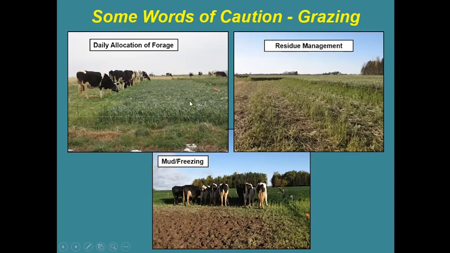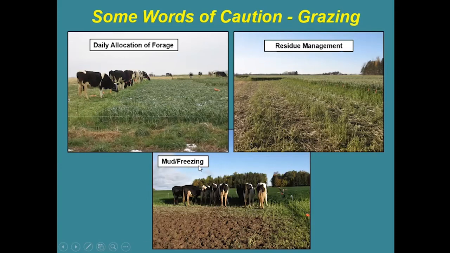The top portion of this plant is probably going to be higher in quality than the bottom. So how much of this do you want to leave available before you move the wire again? If you're short on forage, you may want to make them clean this up more. If you are not, and you want to produce greater weight gains, you may move it more aggressively.